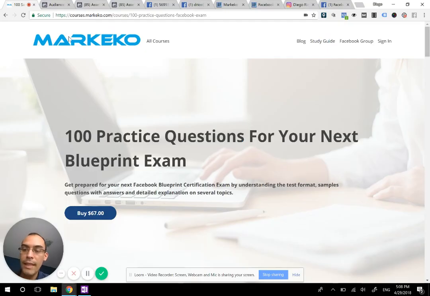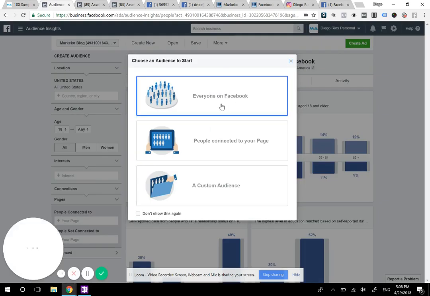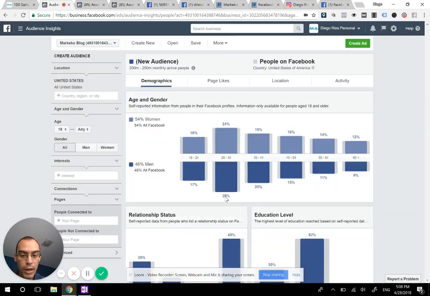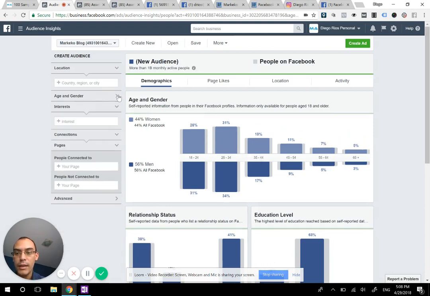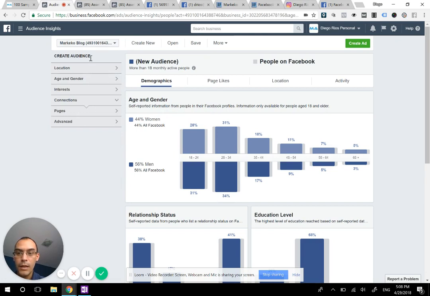If I go to audience insights now, I can still pick everyone on Facebook, and I can still pick people connected to my page, a custom audience. However, when I go into it, you can't select it anymore. You can only build an audience, but you can't analyze a custom audience.